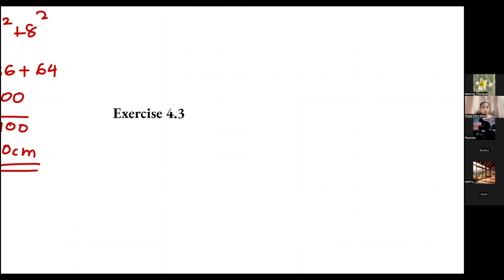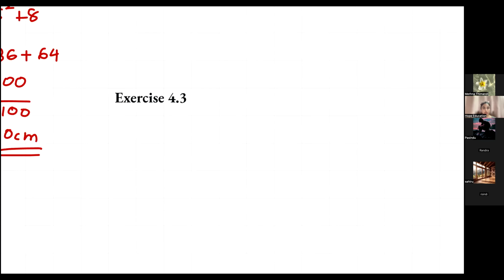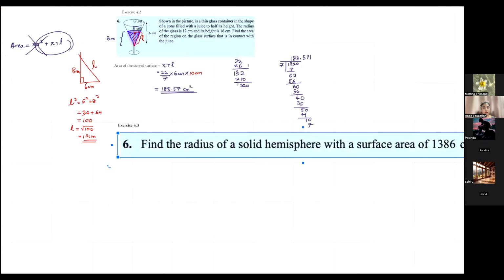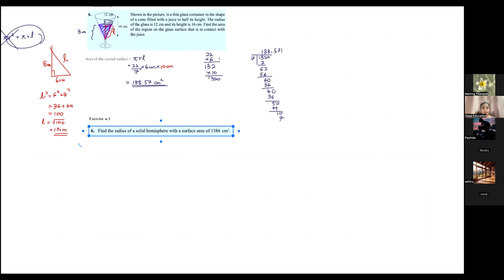One example, okay. Only the pyramid, right, the square base right pyramid. 4.36.